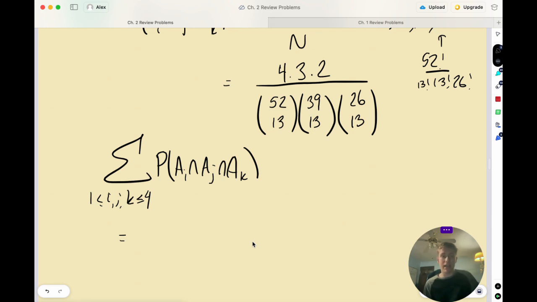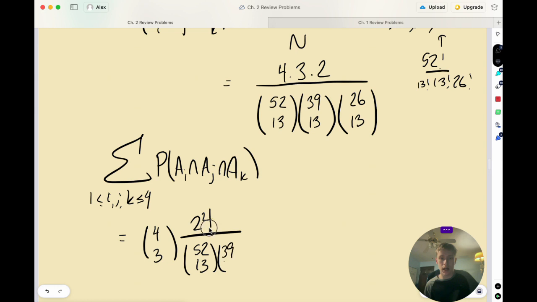Well, if i, j, and k are between 1 and 4, how many different triples are there? Well, that's going to be 4 choose 3 times this, which is 24, divided by 52 choose 13, 39 choose 13, 26 choose 13.